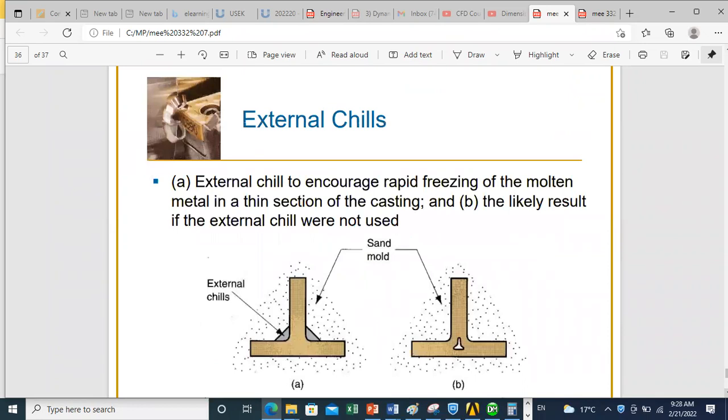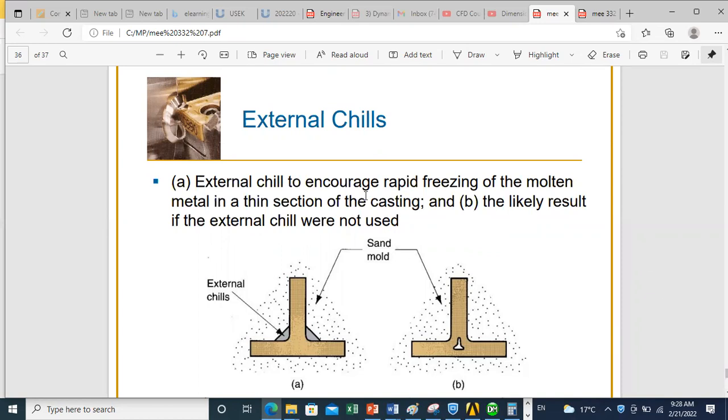Let us take the following example. In the following example, we observe that if we don't do any intervention, in figure A, if we put an external chill to encourage rapid freezing of the molten metal in a thin section of the casting, this will help avoid the formation of cavity.